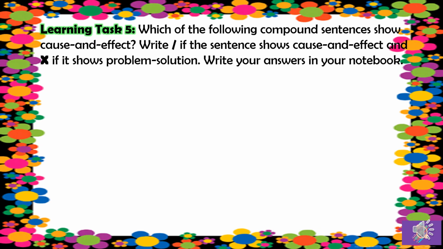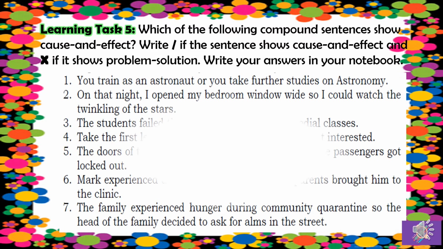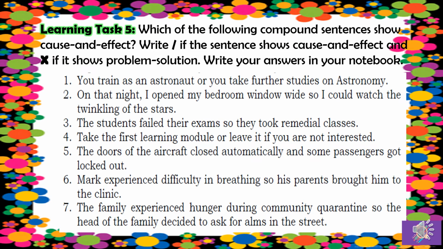For learning task number 5, which of the following compound sentences shows cause and effect? Write check if the sentence shows cause and effect and X if it shows problem solution. Write your answers in your notebook. For number 1, you train as an astronaut or you take further studies on astronomy.